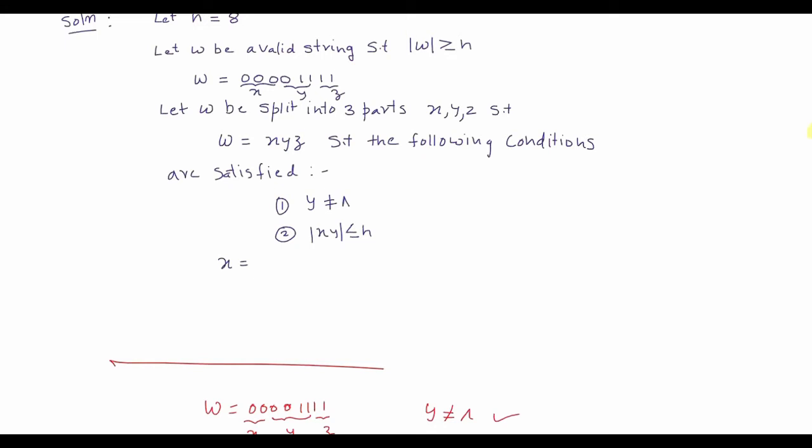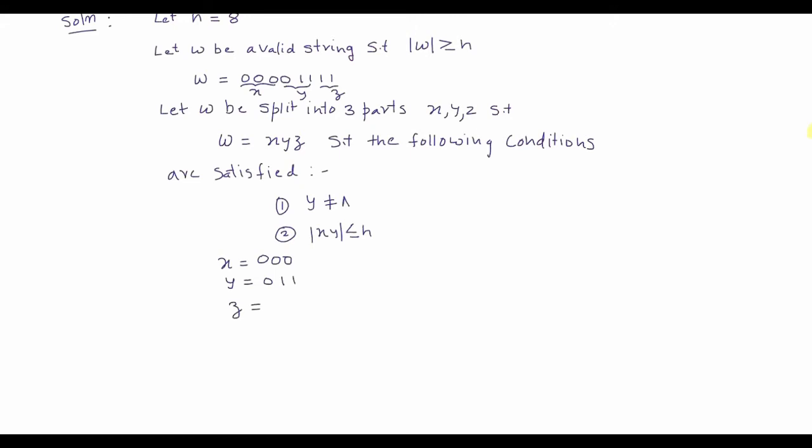So x is 3 zeros, y is 0 1 1, and whatever is remaining, that is 2 ones, will be z.